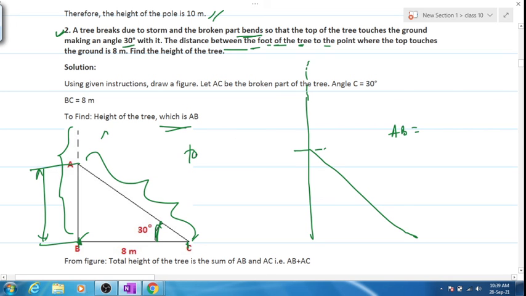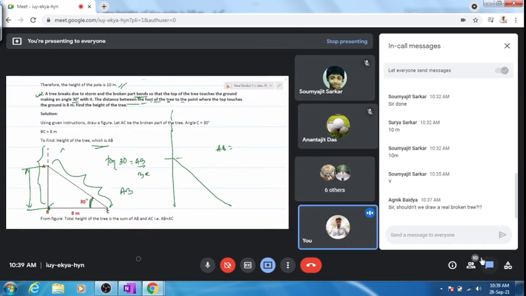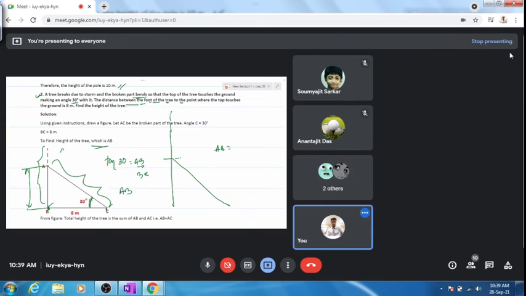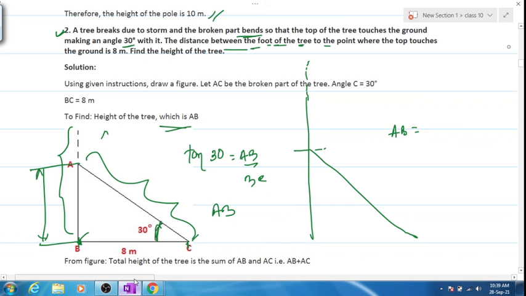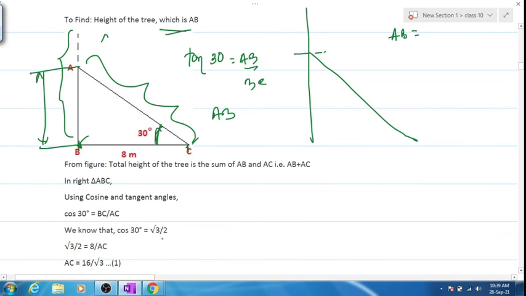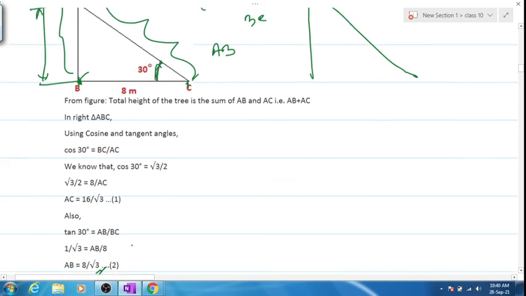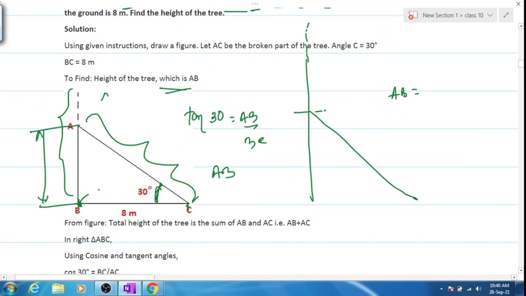Tell me how will you find AB? Can we use tan theta, tangent of theta, which will be equal to AB by BC. Tell me what is the value for AB? Boys, value for AB. The value for AB will be 8 by root 3, and then we'll be using cos theta.